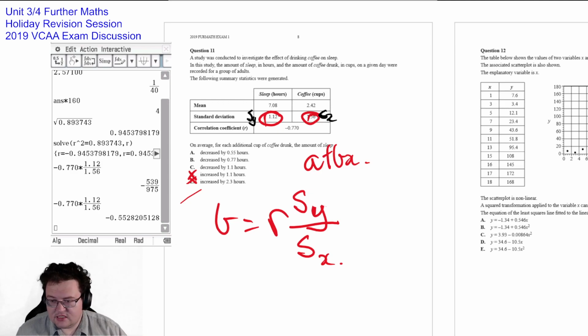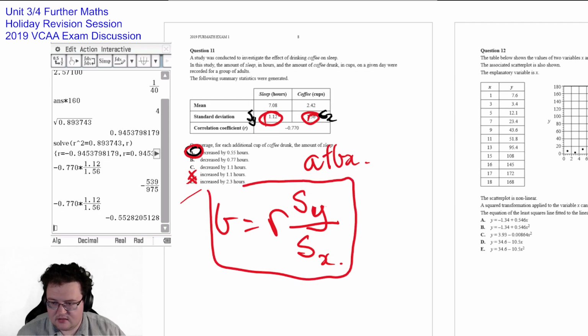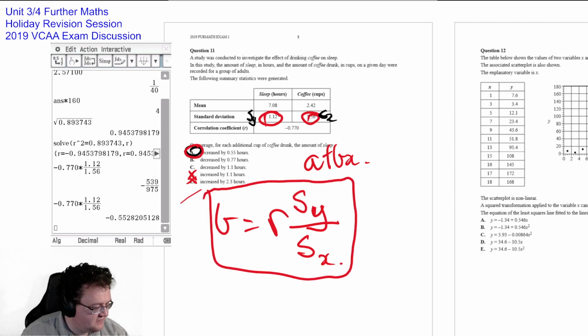So a lot of you had a swing and a miss, and it was indeed A. I would be putting that somewhere safe in your brain.